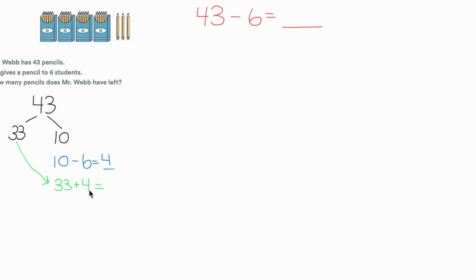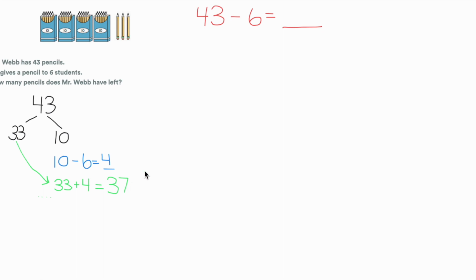What is that? Let's see. 33, 34, 35, 36, 37. Is that right? 37? Right. So I want to double check.